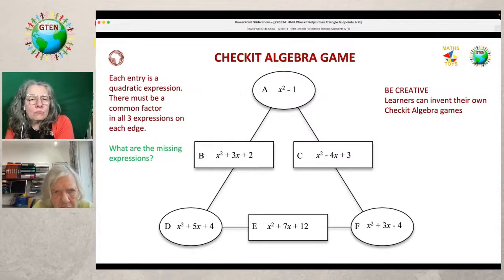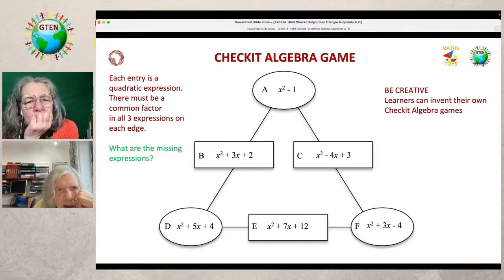why have I got x squared plus 3x plus 2 there? Have you not added them? Perhaps I have added them. Well, no, but a plus f is not x squared. There must be a common factor. Each entry is a quadratic expression. There must be a common factor.